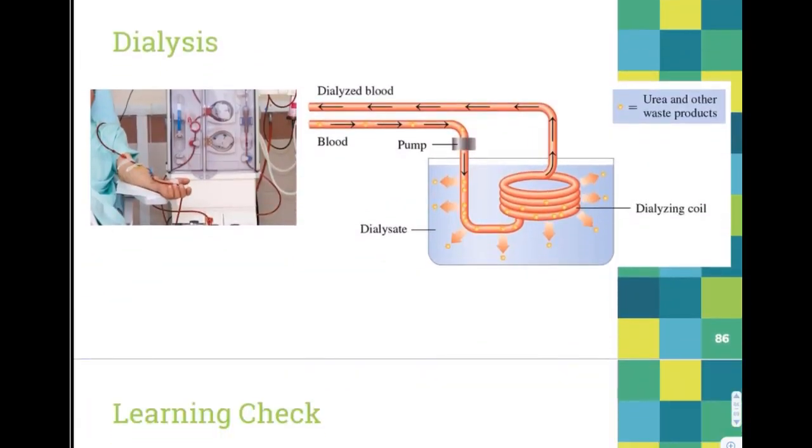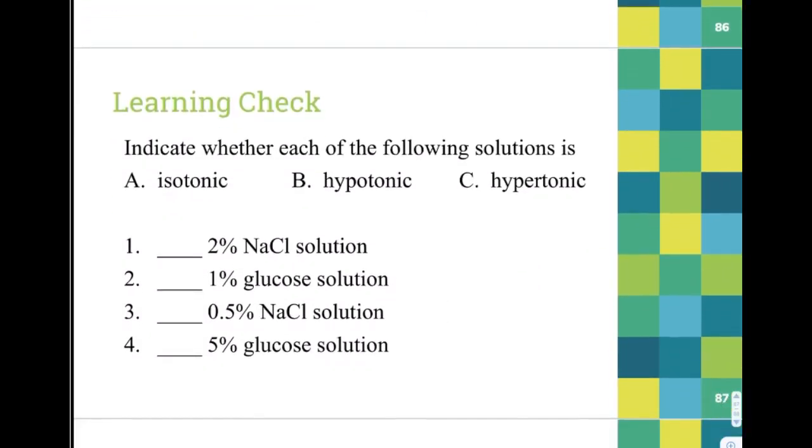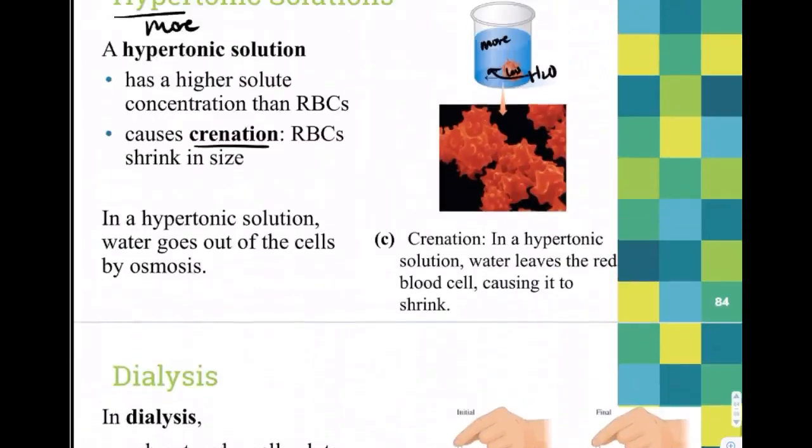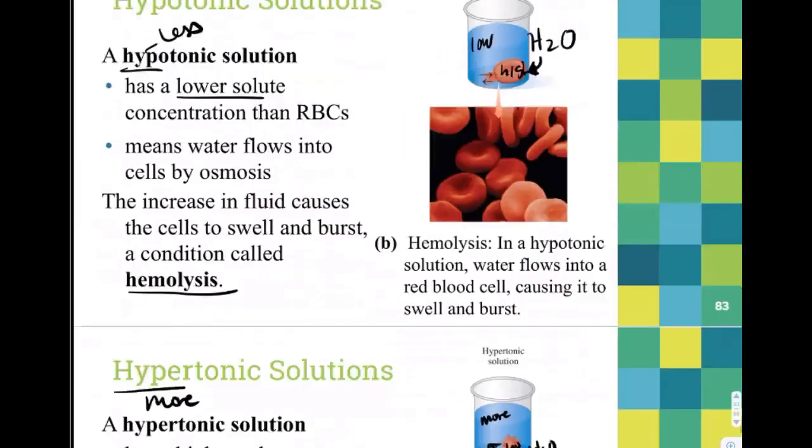So here's a picture of what happens in dialysis. The urea is being removed from the blood and the blood is being pumped back into the patient's body. So give me a quick pause and learning check and tell me whether or not these solutions are isotonic, hypotonic, or hypertonic. Remember that we'll go back up and we'll copy this down: 5 for glucose and 0.9 for sodium chloride.